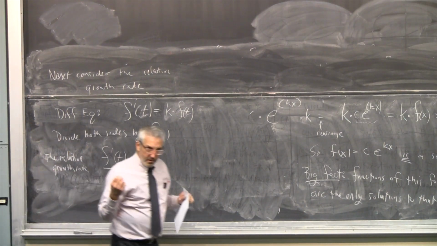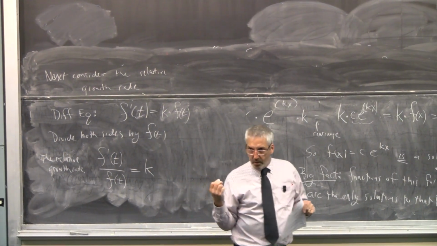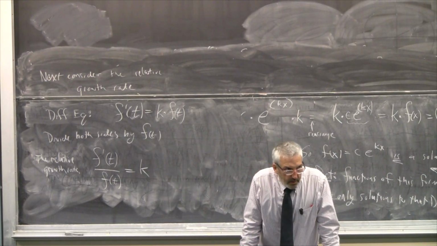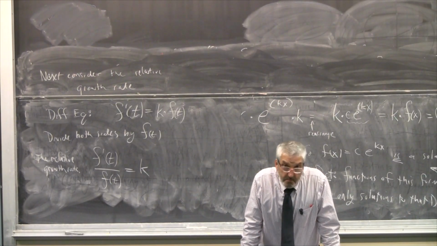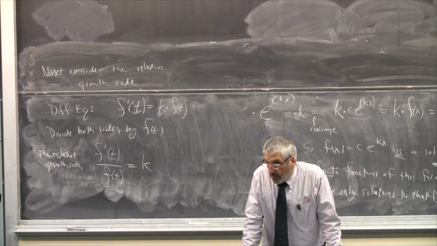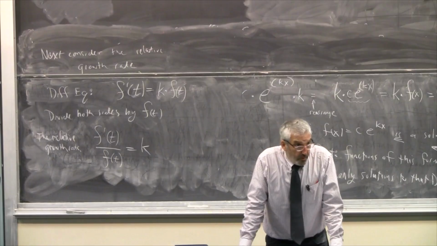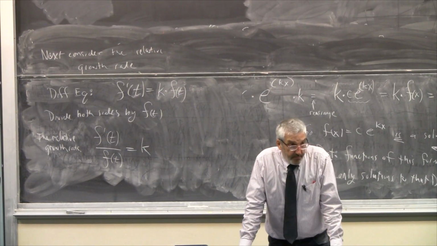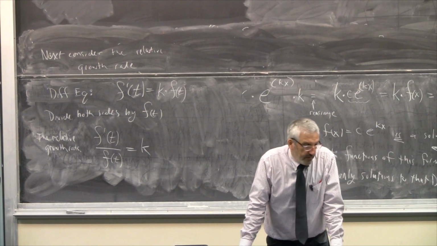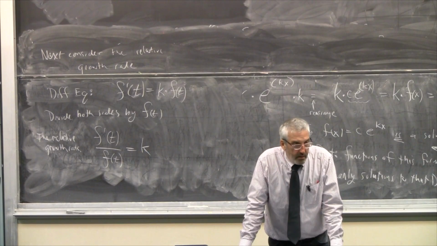Now that's a useful thing to want to know. Like if I tell you that my net worth during this class period increased by $1,000, you think, wow, that's a lot of money. Well, not if I'm a trillionaire.